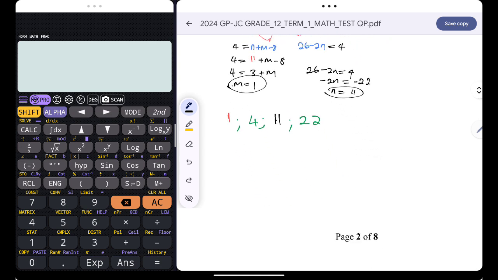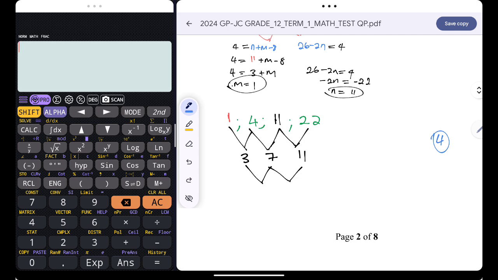Obviously, I can simplify the first difference altogether, and I'll simply say 4 minus 1 gives me 3, 11 minus 4 gives me 7, and then 22 minus 11 gives me 11. And then I'll find the second difference. I was given the second difference to be equal to 4.